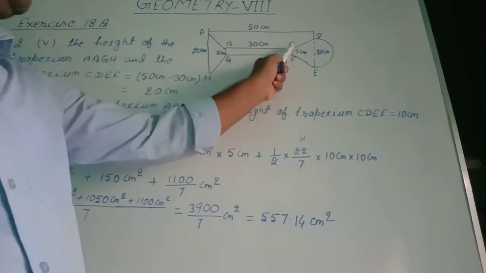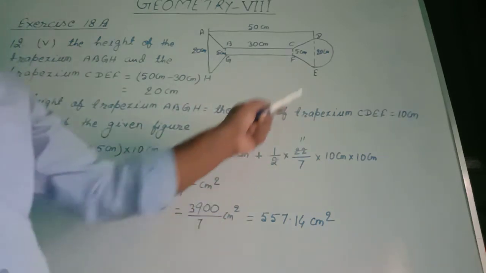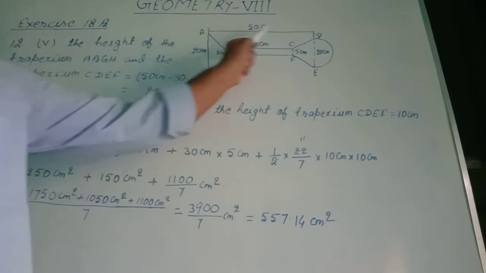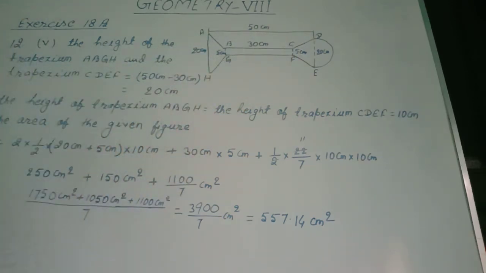Similarly, in this trapezium CDEF, the parallel sides are given 20 cm and 5 cm, but the height of the trapezium is not given. For that, I have written the height of the trapezium ABGH and the trapezium CDEF equal to 50 cm minus 30 cm, that is equal to 20 cm.